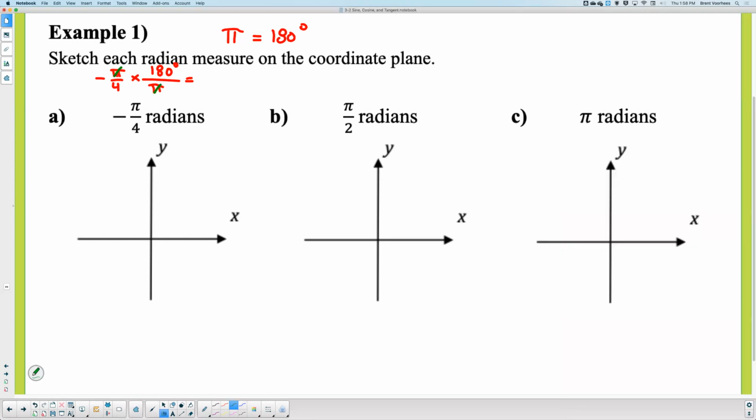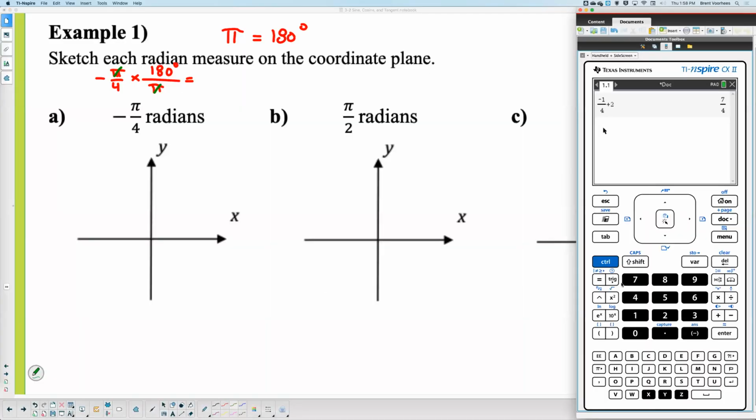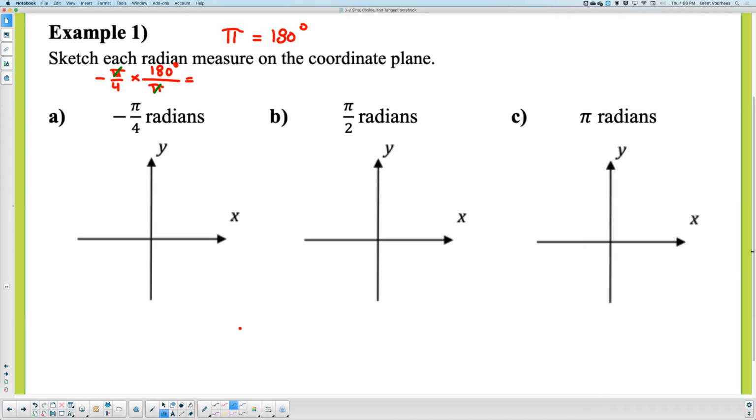What I'm going to type in, menu, calculator, negative, and since my pi canceled out, I'm just going to put 1 over 4 times 180. And I get negative 45. This is equivalent to negative 45 degrees.